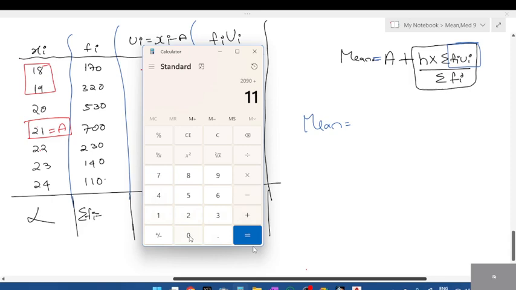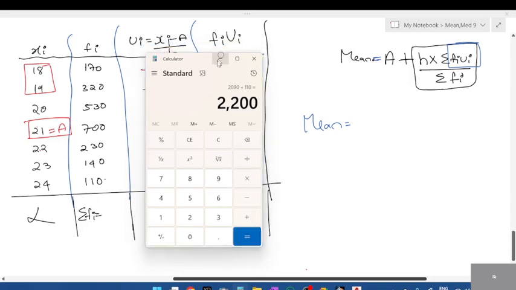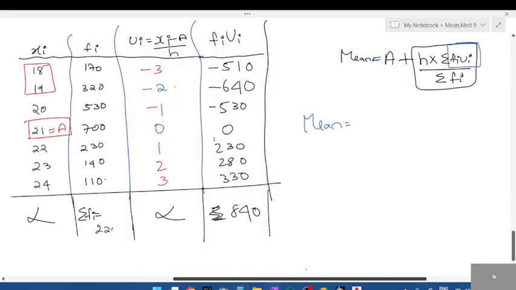What's the answer you all told? 2200. See, add and subtract, students. Don't just sit and wait for me to do. I know a few students are just waiting for the answer, copy paste, and leaving the class. Because if I see your answer sheet, I can easily identify. Those who are really solving are able to do the test paper well.